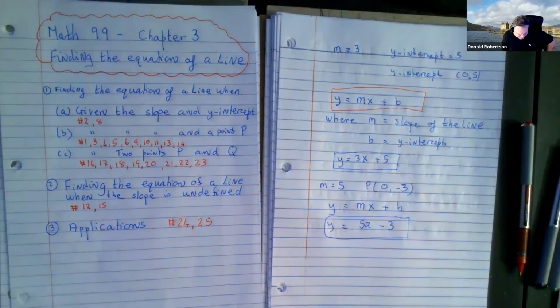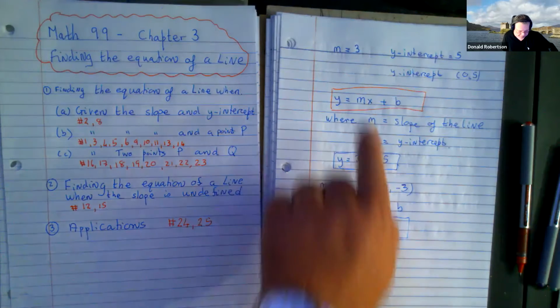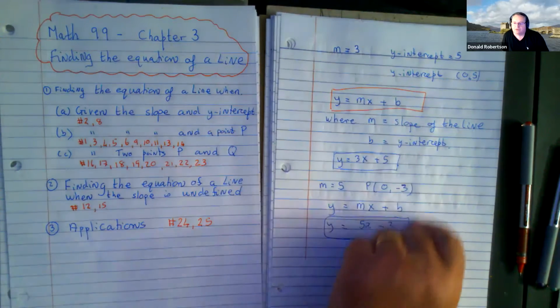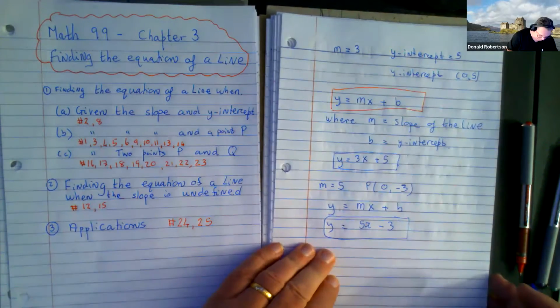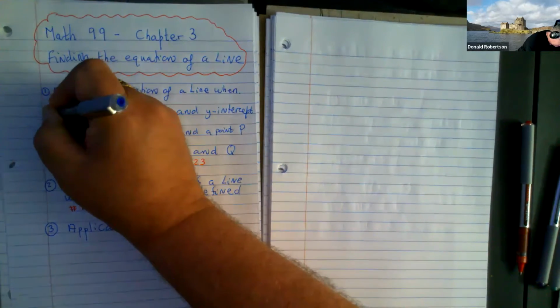And that's how you find the equation of a line when you're given the slope, m, and the y-intercept, either as a value or as a coordinate. It's essentially taking care of those questions.